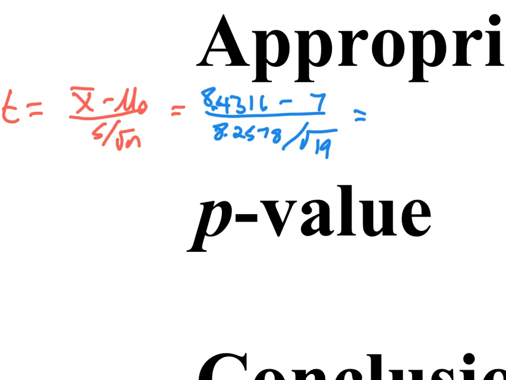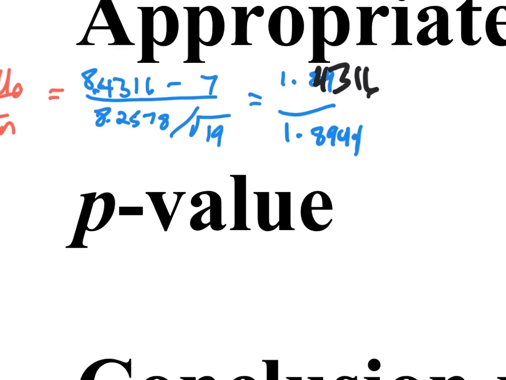And the denominator: 3.2578 divided by the square root of 19 is 1.8944. So 1.4316 divided by 1.8944.